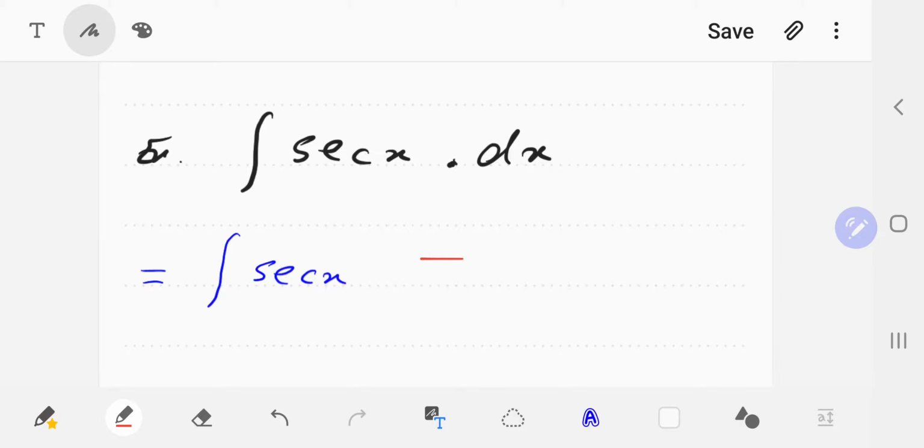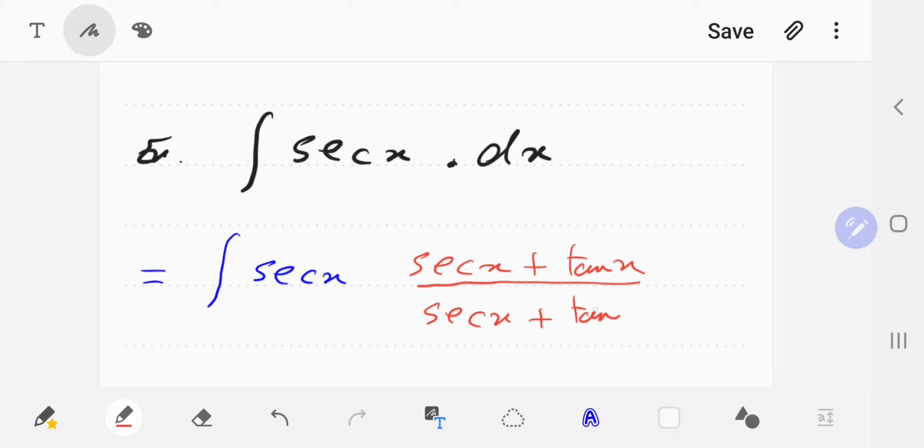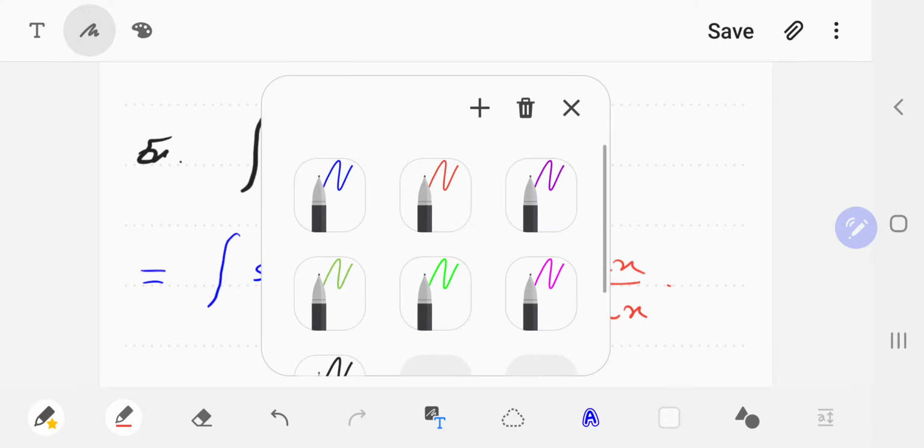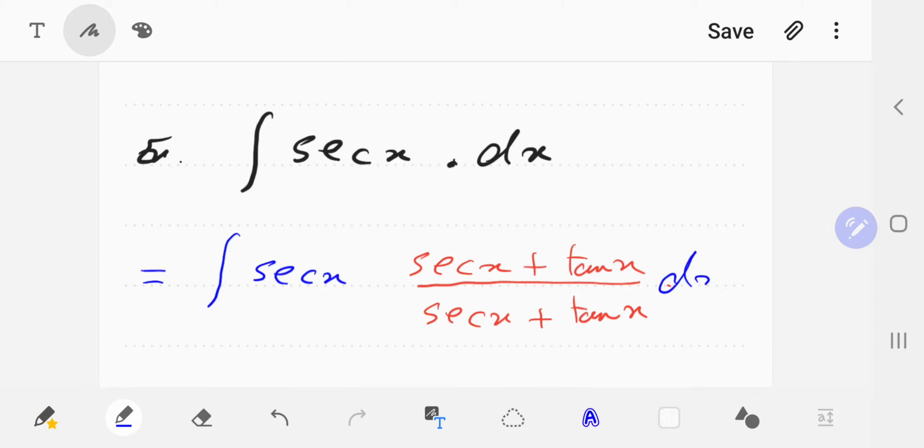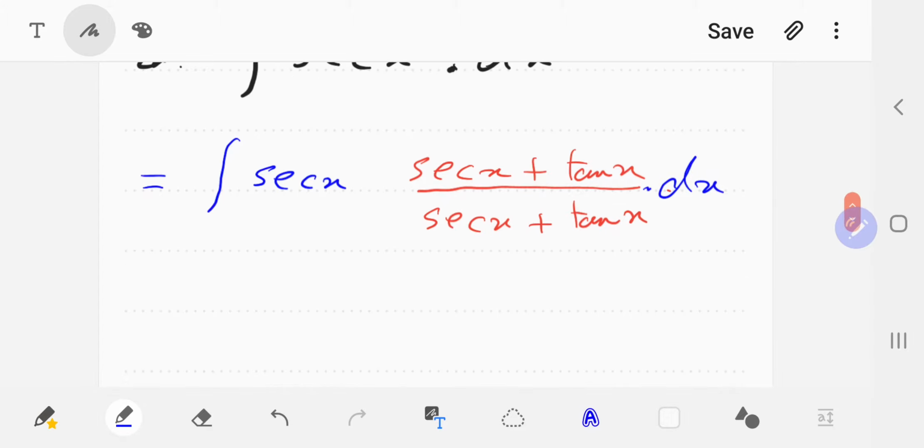So what I'm going to do here is to multiply all this by secant x plus tan x over secant x plus tan x. I'm multiplying by 1. All of this is 1, but I want to change the shape of the integration. How would that change of the shape help me?